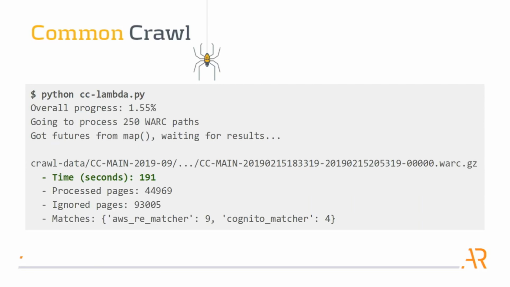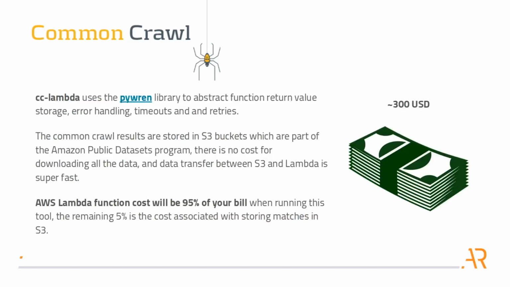This is how CC Lambda looks. You simply need to code your own function in order to apply your regular expressions. And it will extract the info and store it on S3. For each of the chunks of information from Common Crawl, it will take around 3 minutes. It's expensive.